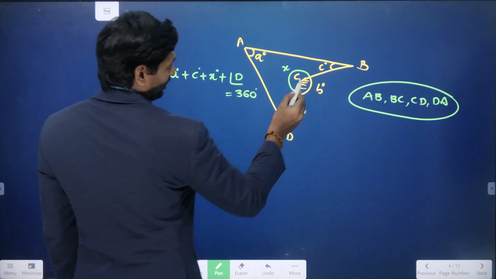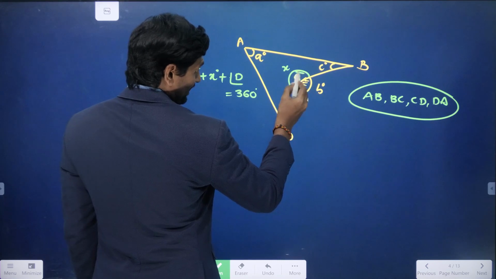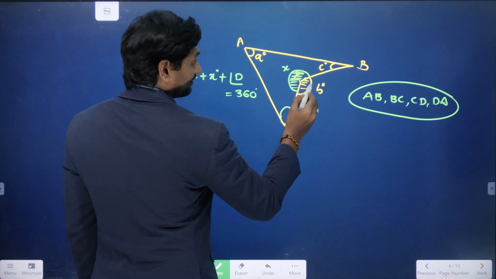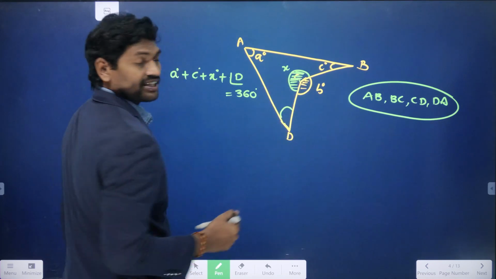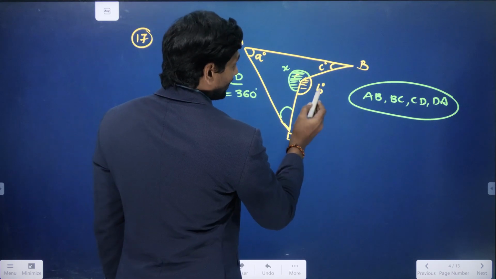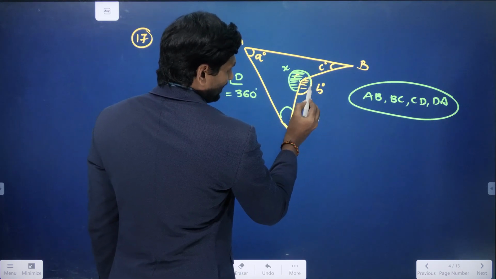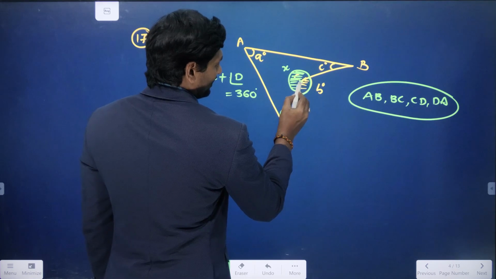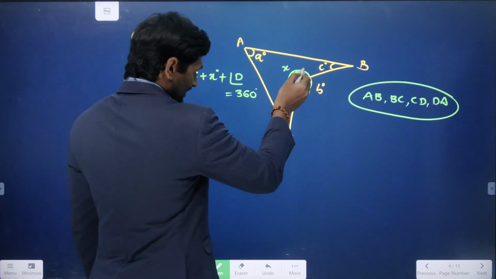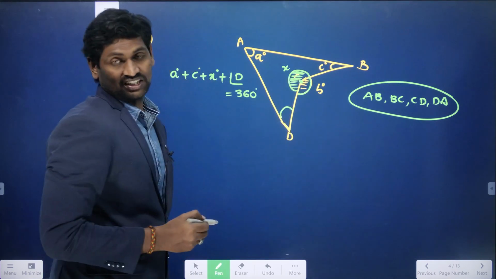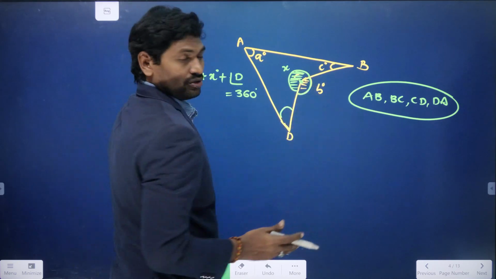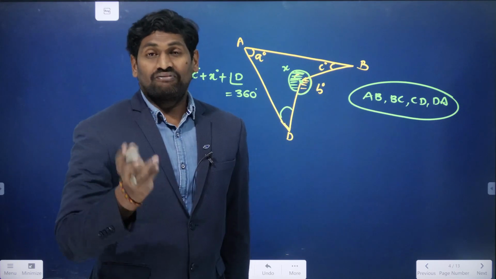And we know this angle is B, so angle X we can consider as 360 minus B. At this point, this complete rotation, nothing but a circle, we can identify its reflex angle.